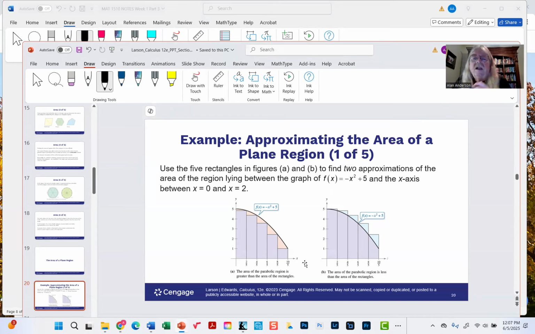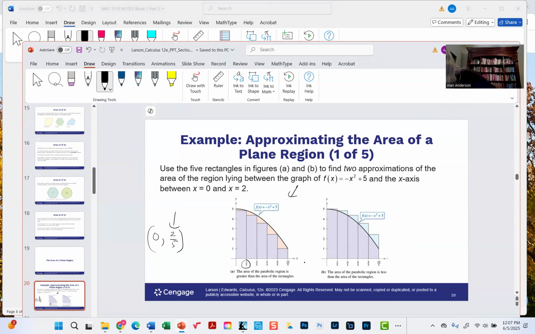Now, the problem with this approach, though, is that what do you do about the height of the rectangle? Well, here in the left diagram, the height of the rectangle is determined by the right endpoint of this interval.